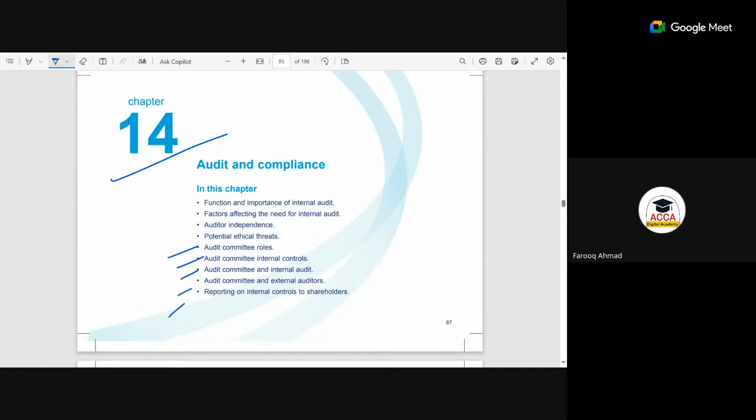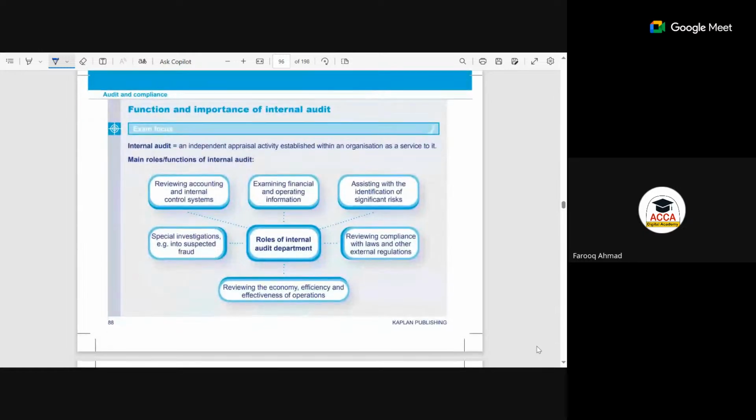This is all chapter slides. Through flashcards, it will be helpful for you to memorize. So let's quickly conclude this area for chapter 14 flashcards.